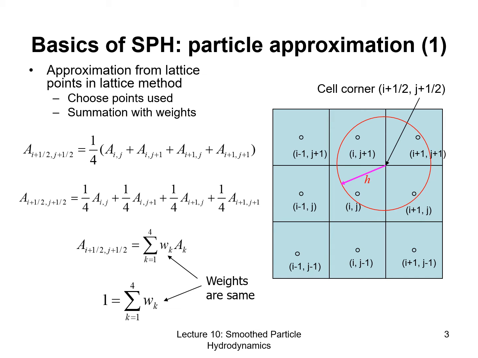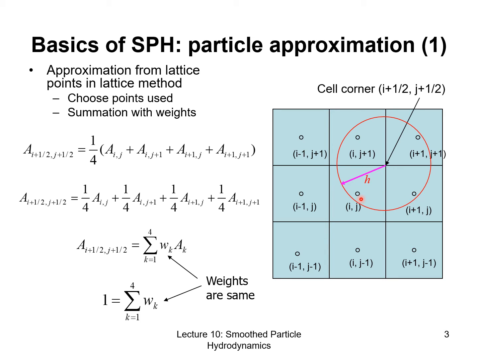For example, with a typical mesh method like the finite volume method, you have computational cells, and each cell has one cell center.